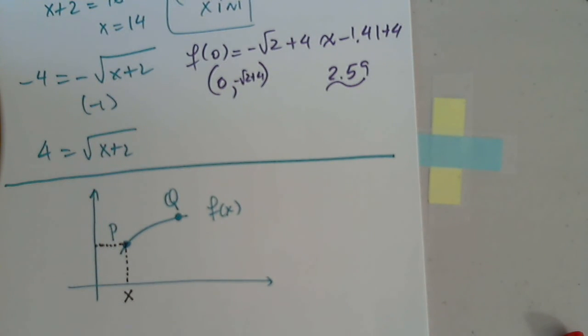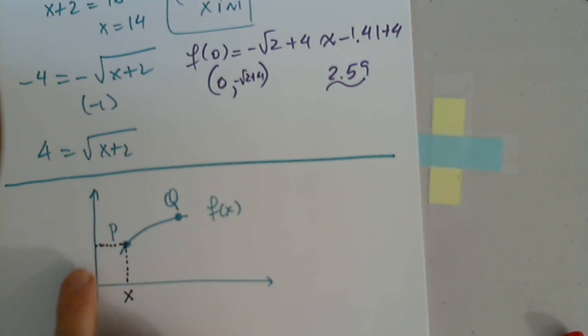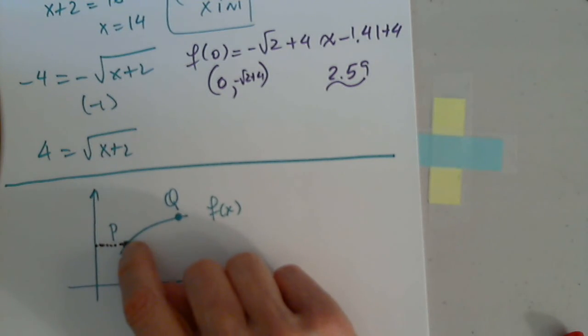It would be 0 comma something. Anyone else would like to give it a shot? P of x maybe? Say it again. P of x. The function is called f of x. Okay. So then what would be the y coordinate of P?